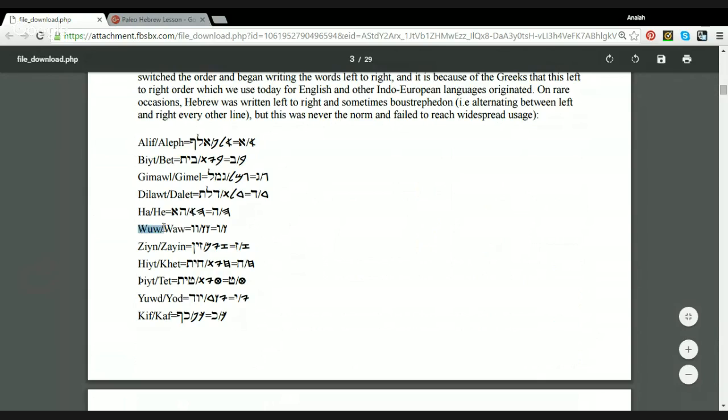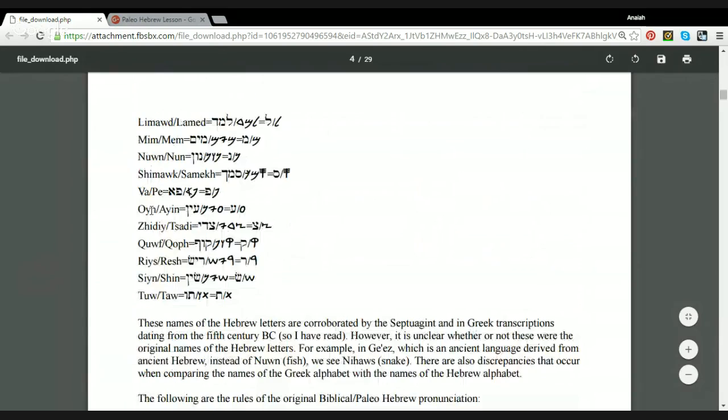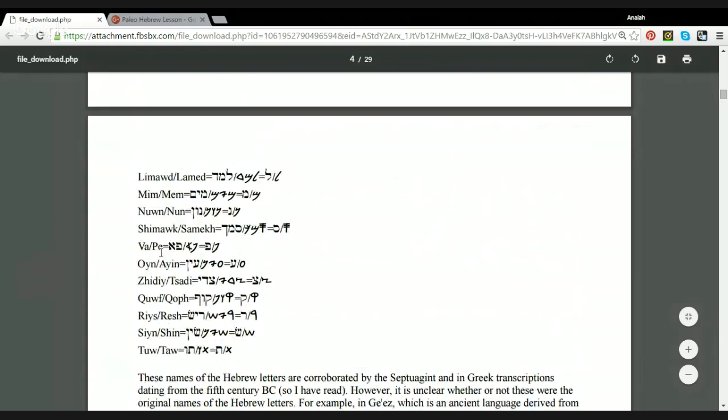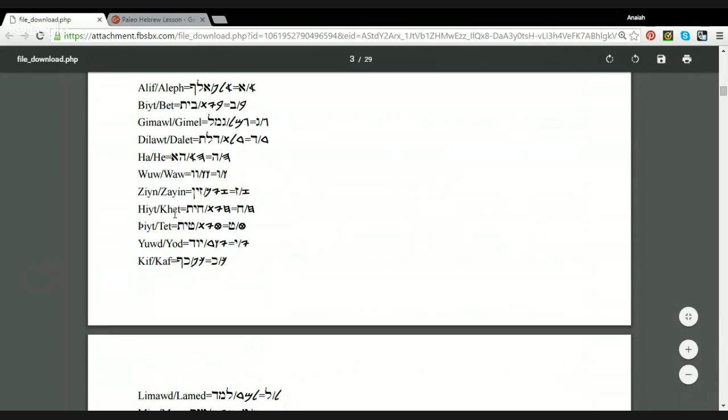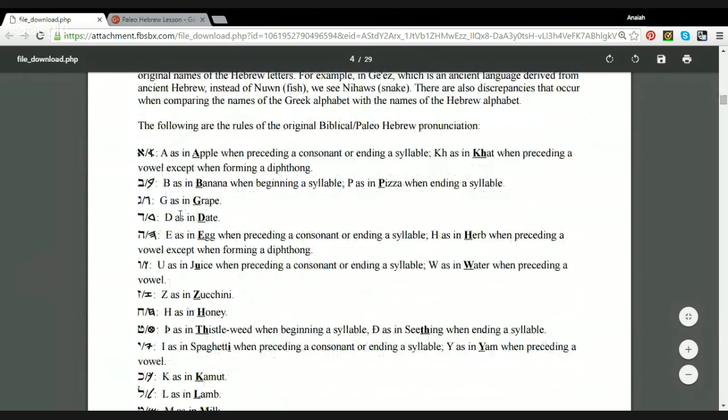So in the same way, woo is sometimes an oo sound, but sometimes it's just a W sound, only a W. In the same way, same thing for ha or hey. Normally it's an A sound, but sometimes it becomes an H only. Same thing with aleph. Normally it's the A, but sometimes it becomes the KH. And then ayin, normally it's the O, but sometimes it becomes the GH. So yeah, that's kind of how I'll explain that in a little bit.